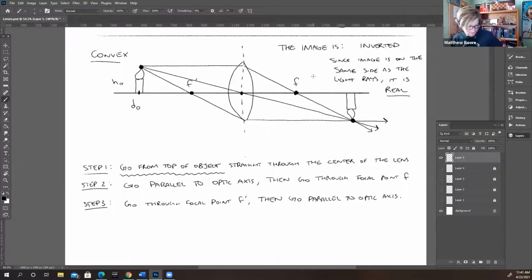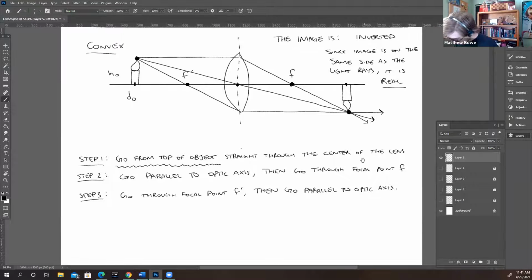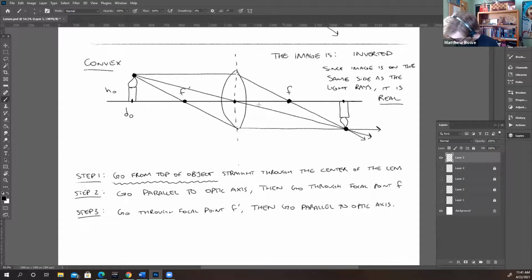If you haven't heard that vocabulary before, it might seem a little weird to say that this image is real. There are going to be what are called virtual images, and I will do that one next. So this is going to be the distance. I should have left just a little bit more room.